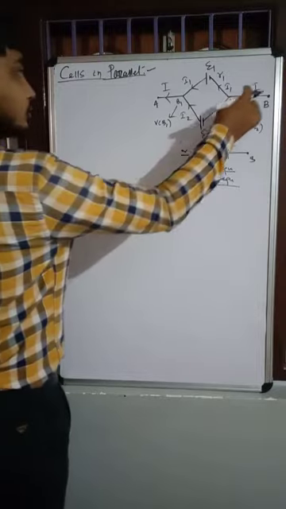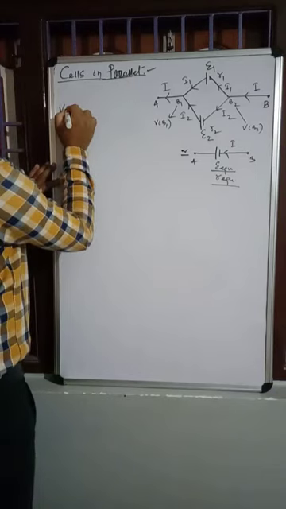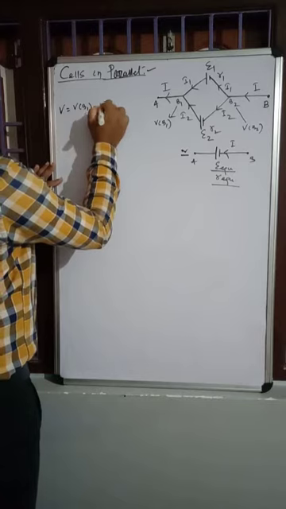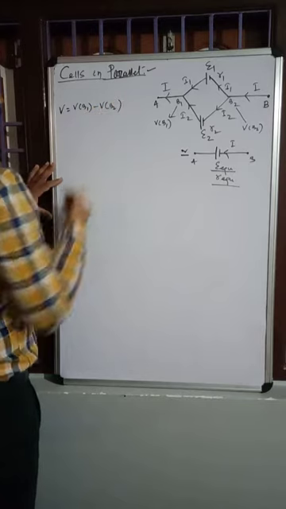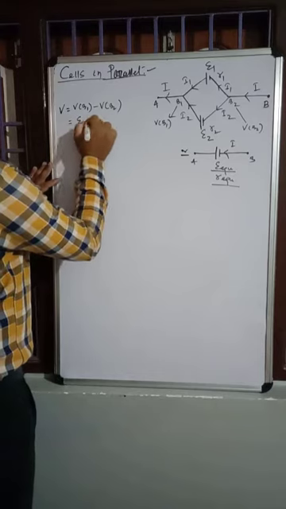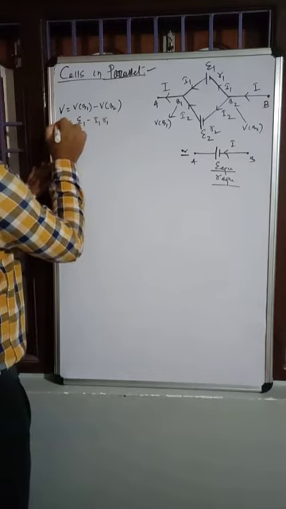So first, if the current flows through the first cell, then V will be equal to V1 minus V2, and that will be equal to E1 minus I1 R1.